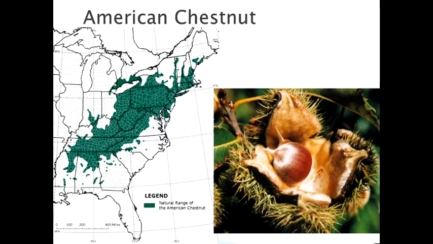Here's another one, the American chestnut, and here you could say that its range is noted by its presence in the Appalachian Mountains, but there's also a lot of coastal plain occurrences in the northernmost part of the range. Look at all of the little isolated populations around, especially this southeastern half of the distribution.